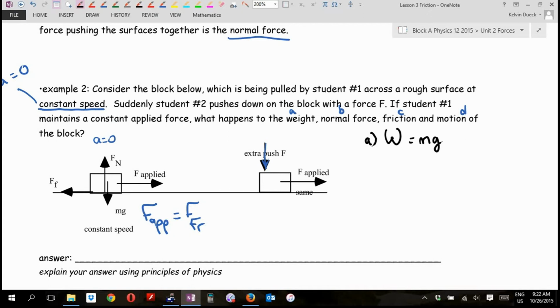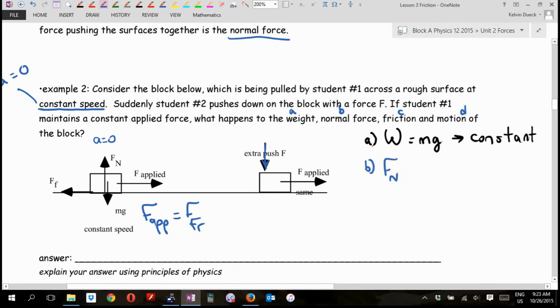So does the weight of the bench change? What about the normal force? So are you okay with right here the normal force equals mg because we're not sinking into the ground like quicksand, we're not flying in like Superman?